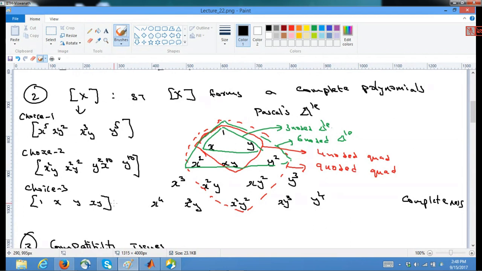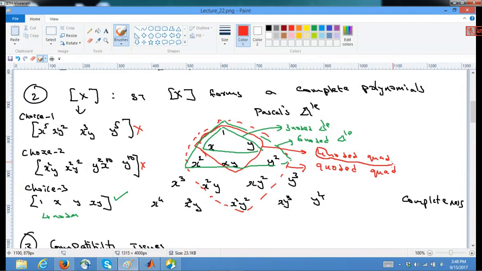Out of all these things, this choice is not good, this choice is not good, whereas this choice is good. Why? Because how many nodes are there? We have 4 nodes. If it is 4 nodes, I'll take this red color things, a 4-noded triangle.